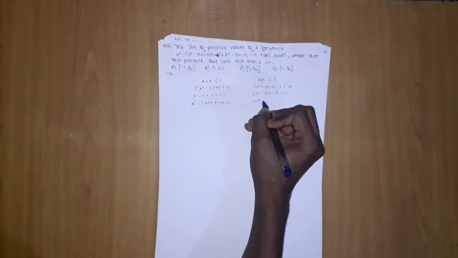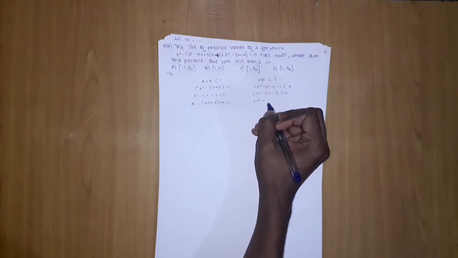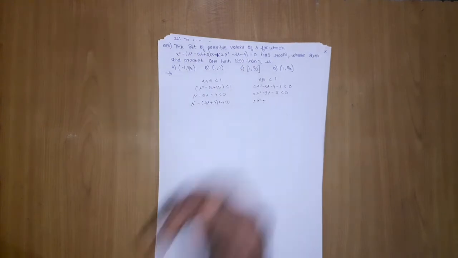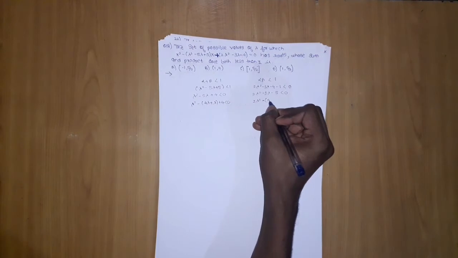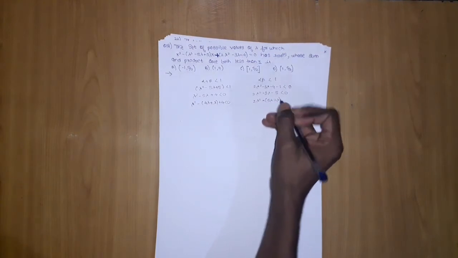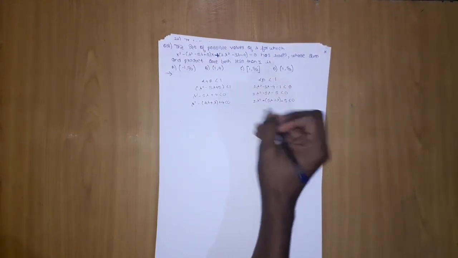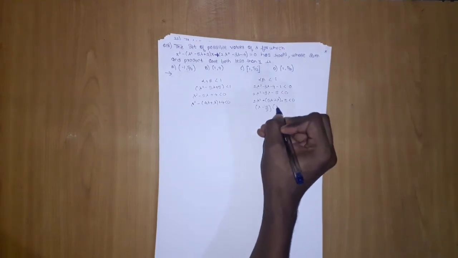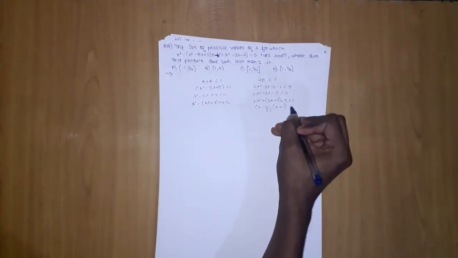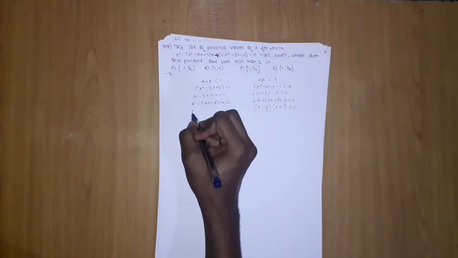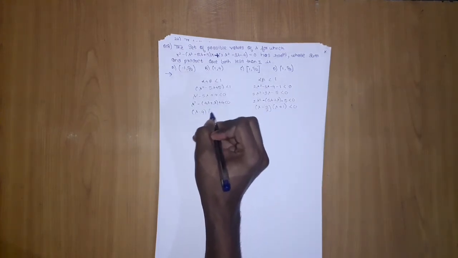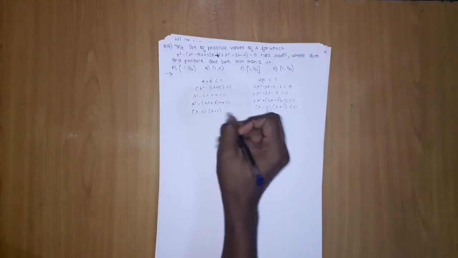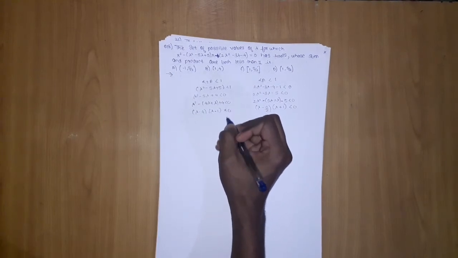And 2 lambda square minus 3 lambda minus 5 should be less than 0. Then it will be lambda minus 5 by 2 and lambda plus 1 should be less than 0. Here lambda minus 4 and lambda minus 1 should be less than 0.